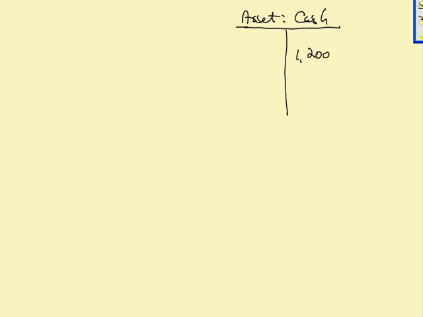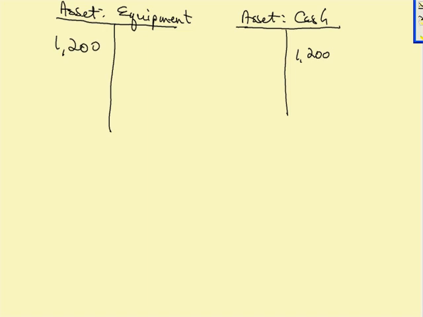And where did the value wind up? Well, it wound up as an asset in an equipment account. So this transaction shows that you've lowered your cash by $1,200 in order to buy another asset, which is equipment.